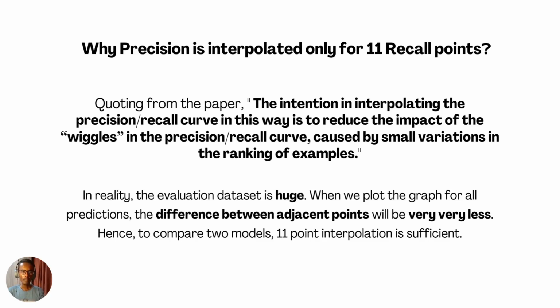So you might ask why precision is interpolated only for 11 recall points. Quoting from the paper, the intention in interpolating the precision or recall value in this way is to reduce the impact of wiggles in the precision or recall curve caused by small variations in the ranking of examples.